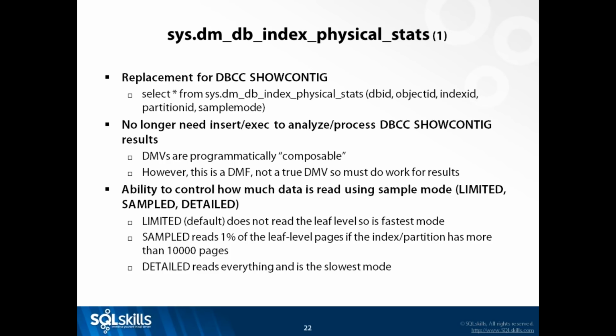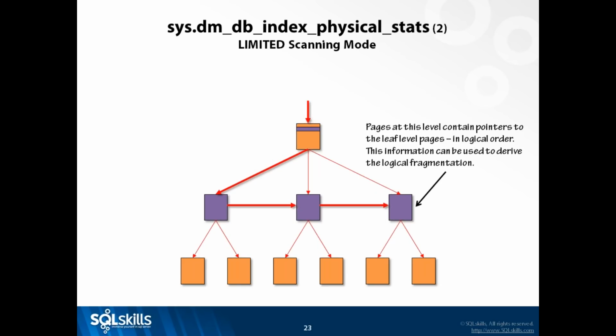So the limited mode uses the same trick that read-ahead does. It doesn't actually read the leaf level of the index. The idea is that there might be a factor of 10 to 100 times fewer, or more or less maybe, but generally a large number of times fewer pages at this level, what I call the parent level, as there are at the leaf level.